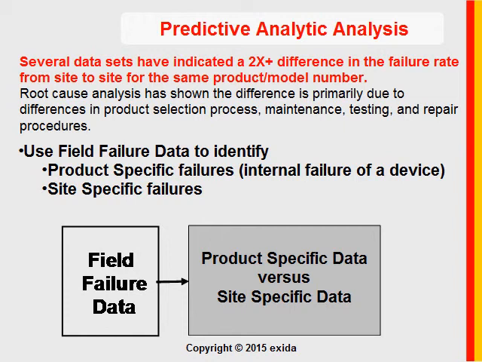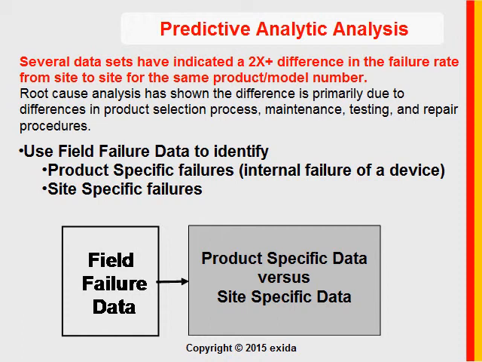Did you hear me? Okay, let's say I've got this brand XYZ pressure transmitter, and it has a failure rate of 3 times 10 to the minus 7 at one site, and it has a failure rate of 6 times 10 to the minus 7 at another site. Is that because they're collecting the data differently at these two sites? Well, perhaps, but once it was determined that was not the case, then we went into root cause analysis and determined a difference between product-specific failures and site-specific failures.